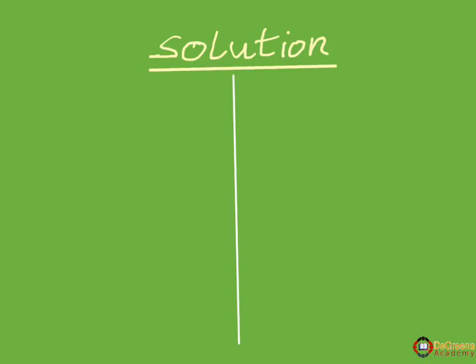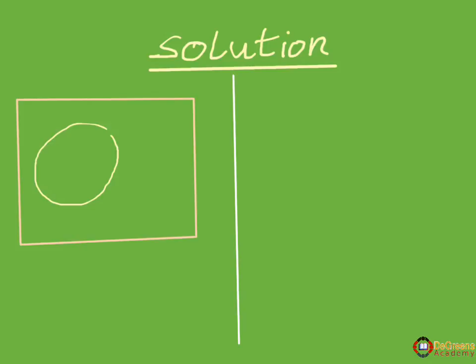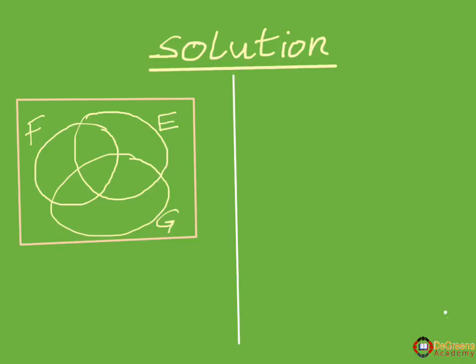In our Venn diagram, we use a rectangle to represent a universal set. And we have three sets. We have English, French, and German. So students studying French, English, and German.